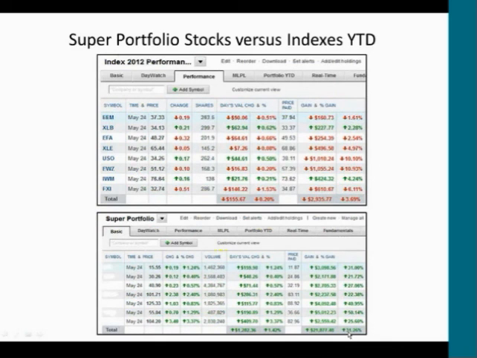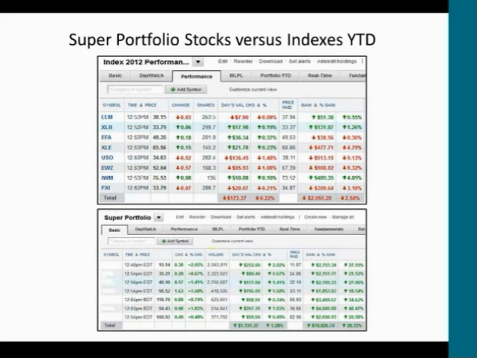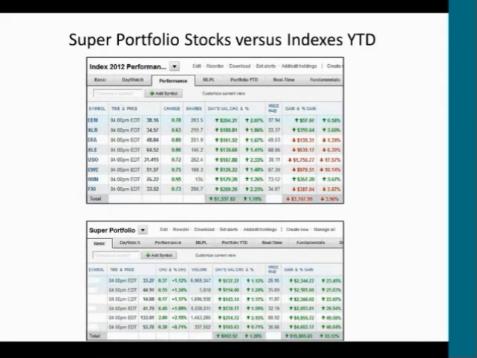Super portfolio stocks on average were up 31%. I took both snapshots at the same time, is what I'm trying to say. So on this day, the year to date, the indexes were down 3.9%, but the super portfolio stocks on average were up 33%. So again, you're long the strong stocks and you're short the weak indexes.